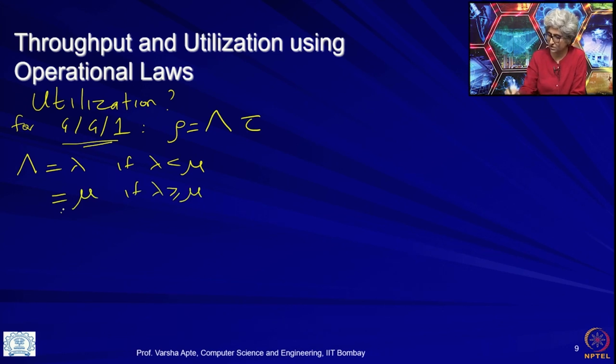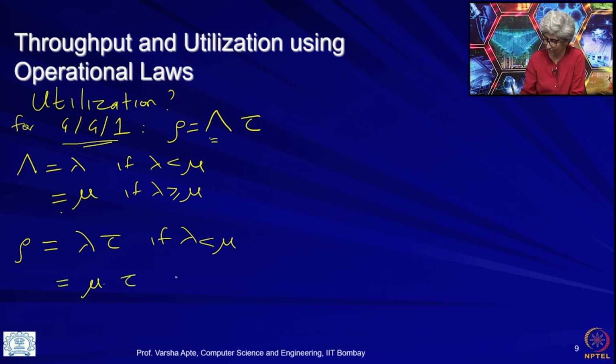So, we can use this and say the same thing here: rho is going to be equal to small lambda tau if lambda is less than mu, and it is going to be equal to, we substitute mu tau here, if lambda is greater than or equal to mu, but mu tau is nothing but 1. This makes sense intuitively. We do not have to do this formula plugging, right.